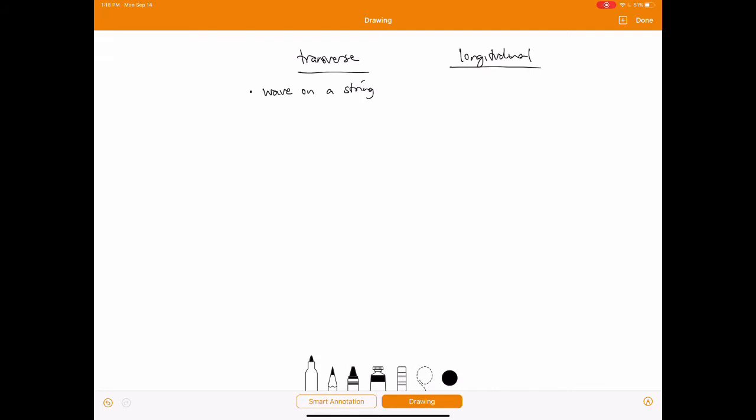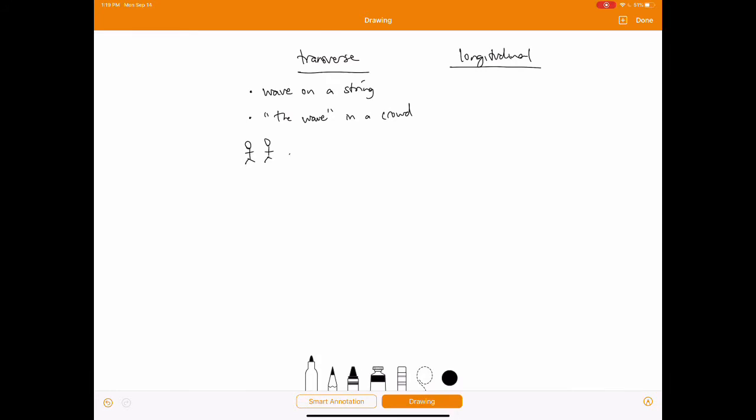Okay? Another example of a transverse wave would be what we call the wave, the wave in a crowd. If you've ever been to a big sporting event like a basketball or football game, sometimes the crowd will do the wave. Let me sketch what that looks like. You'll have a person standing up at the end of the wave, and another person standing up next to them.